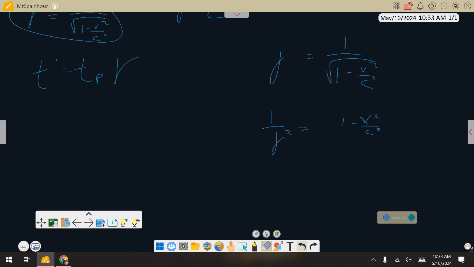You got it. All right, so I'm going to add this and subtract that, is what you're saying. So v squared over c squared is equal to 1 minus 1 over gamma squared. And then you multiply by c squared. Square root. Now, keep in mind that this whole thing is multiplied by c squared. I'm going to show you this because it makes it a lot nicer.